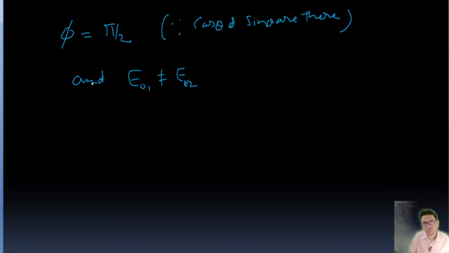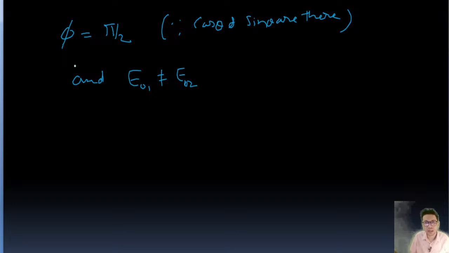If the phase value is n pi by 2 and E naught 1 is not equal to E naught 2, in that case it is elliptically polarized. If the value of theta is pi by 2 but E naught 1 equals E naught 2, then it is circularly polarized.